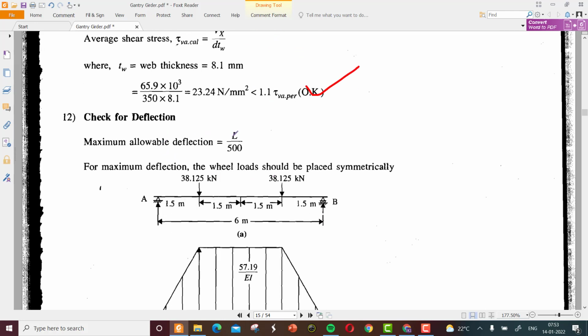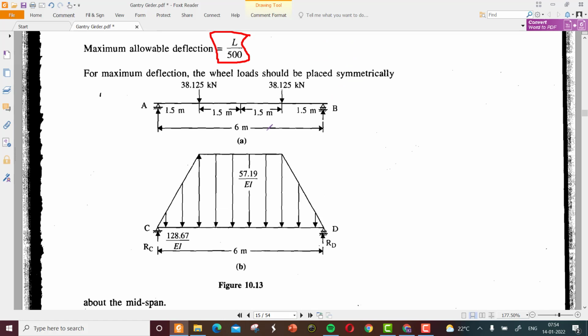This is a check for deflection. We have seen in the previous table that there are different deflection limits for different types of cranes and loading. For this case, manually operated, it is L by 500.